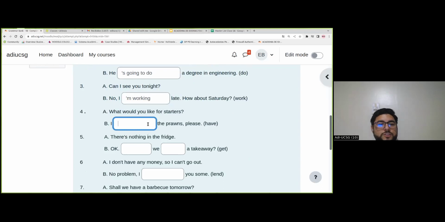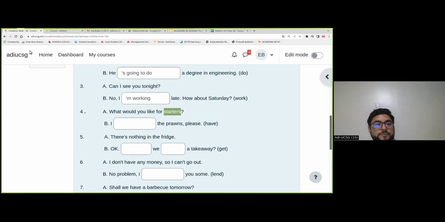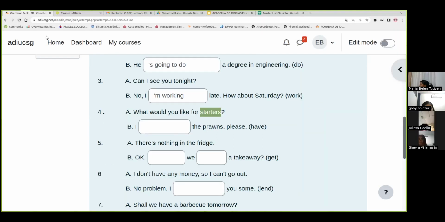Do you know what is starter? When you go to the restaurant, you can ask for a starter. What is that? Anyone? Is the first plate? The first plate that you eat, right?